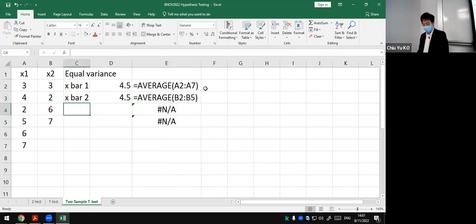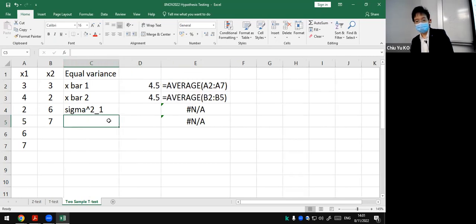And I also want to know the sigma. Maybe we know the variance is better, right? Sigma square 1. Okay. Sigma square 1.